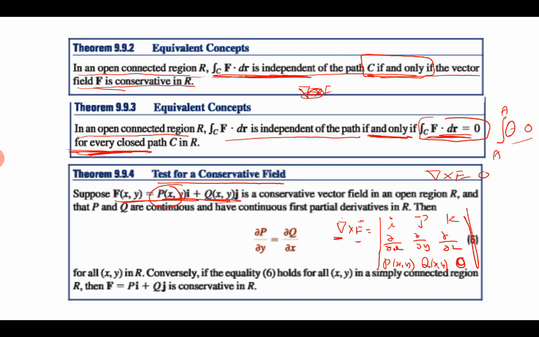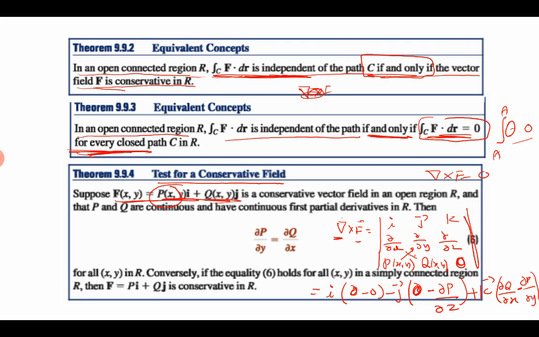Then what do you get when you find the determinant? i times 0 minus 0, this is 0; minus j times 0 minus dou P by dou z; plus k times dou Q by dou x minus dou P by dou y.